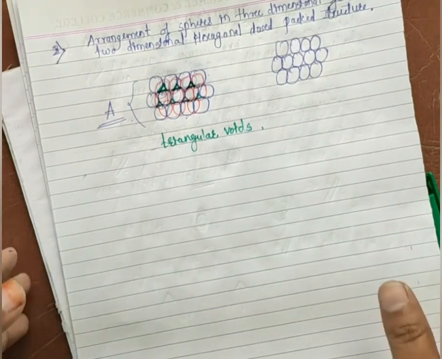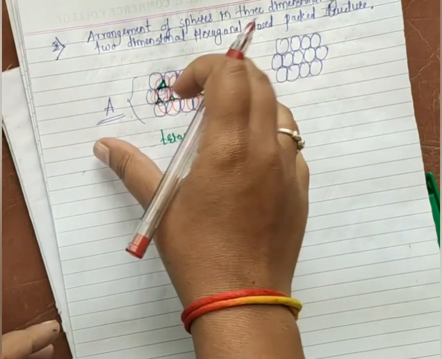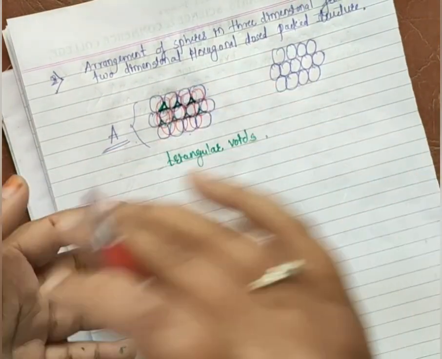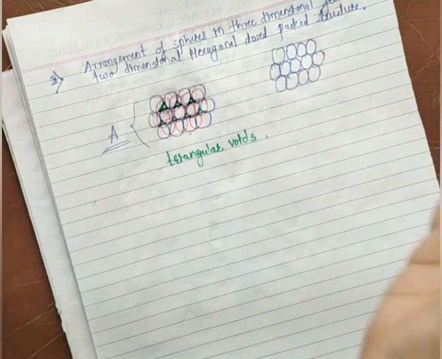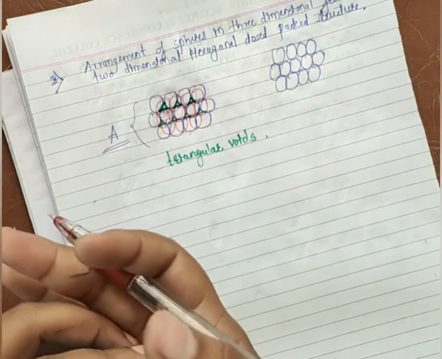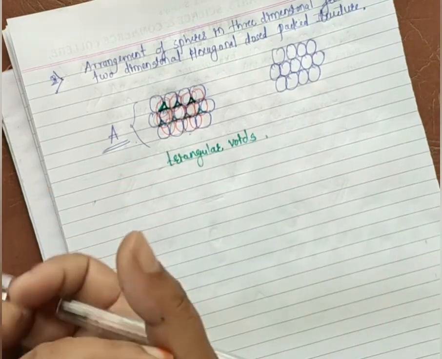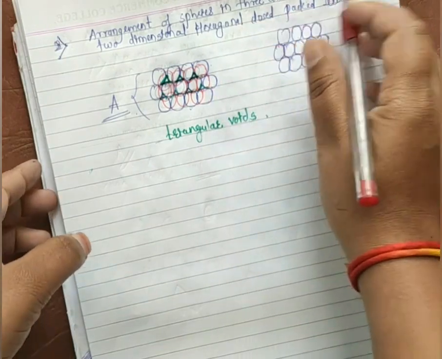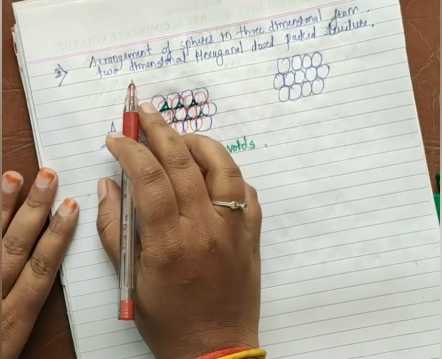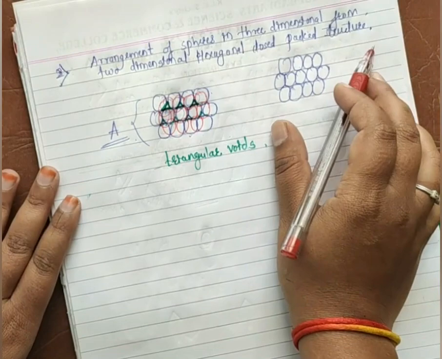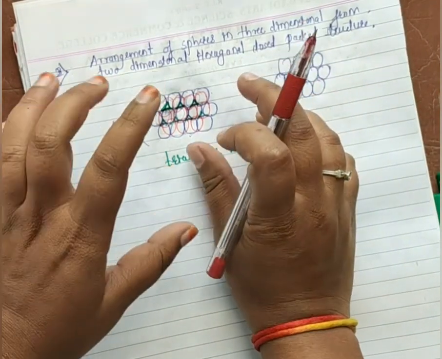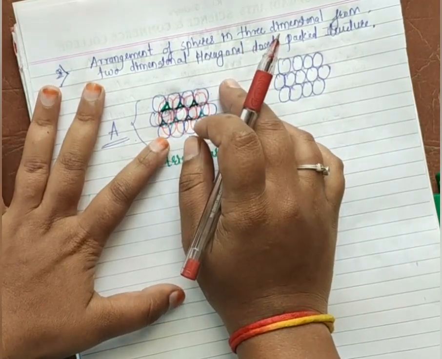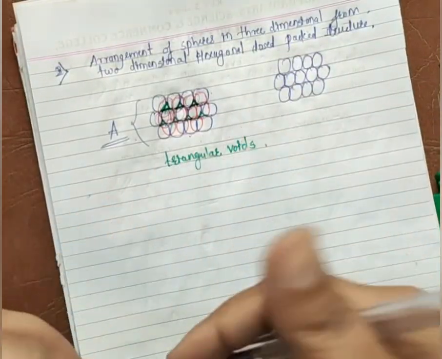But in case of the 3-dimensional form of the 2-dimensional square close packed structure, the layers are present one above the other, so the arrangement will be the same. This type of arrangement we call AAA type. But in case of spheres in 3-dimensional from the 2-dimensional hexagonal close packed structure, the second layer will be present above the first layer in a staggered manner, so the arrangement will be completely different.